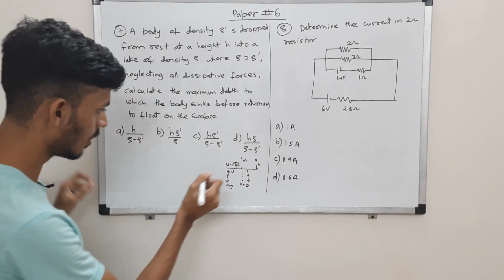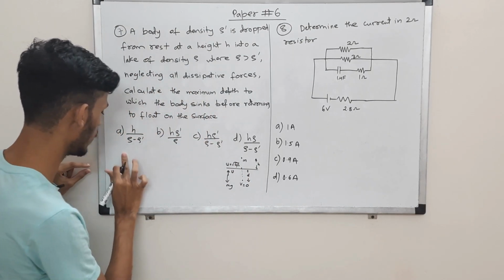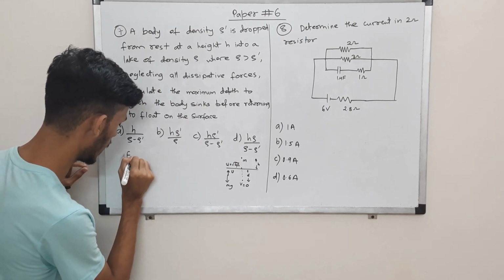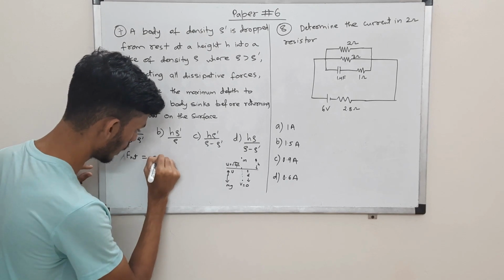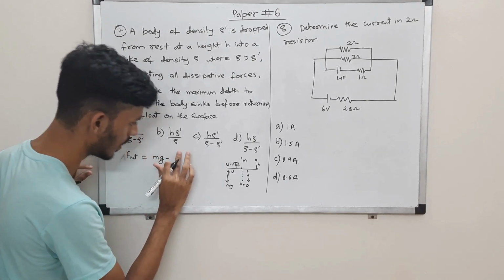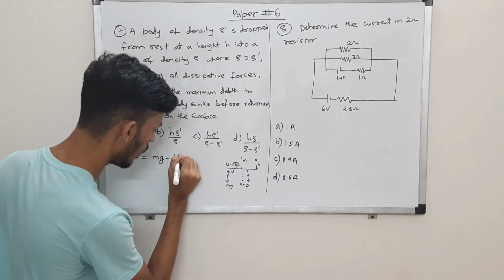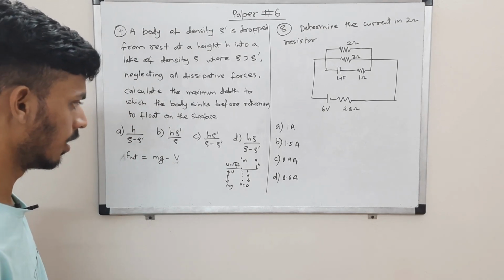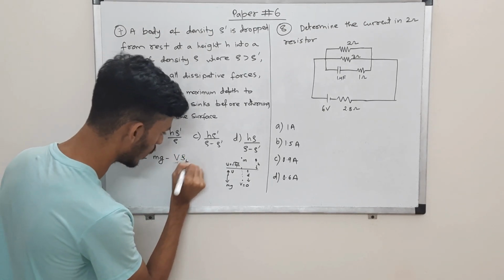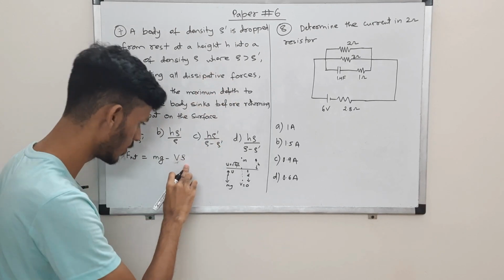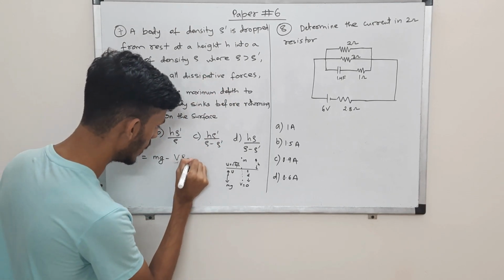So the net force is F net equal to mg minus u, the weight minus the upthrust. Upthrust can be written as the volume of the body immersed times the density of the liquid, which is rho, times g.